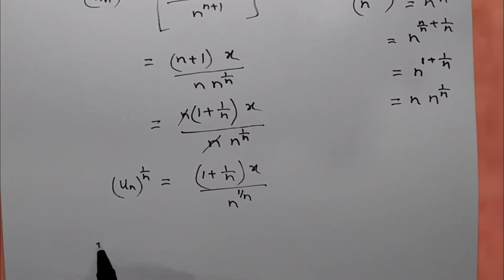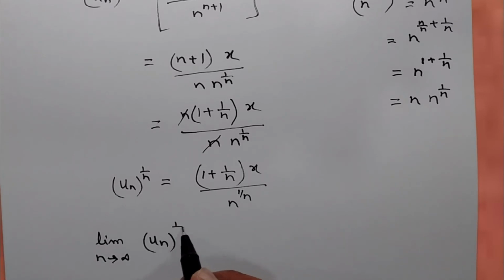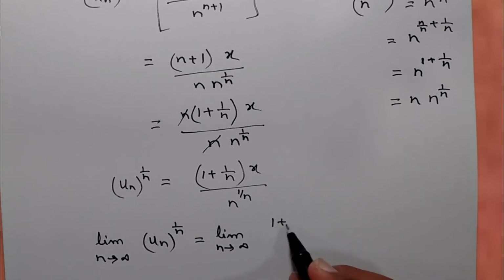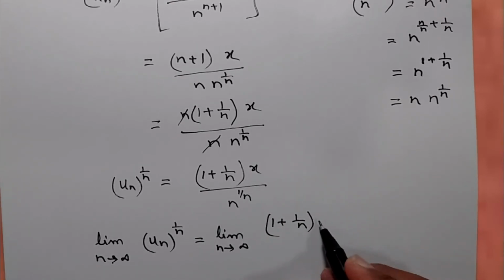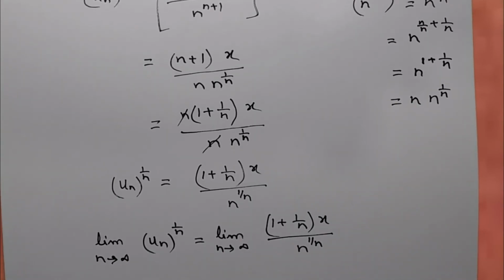Now apply the limit on both sides. There is a limit as n tends to infinity, un to the power of 1 by n is equals to limit as n tends to infinity 1 plus 1 by n times of x divided by n power of 1 by n. So I need to apply the limit as n tends to infinity.